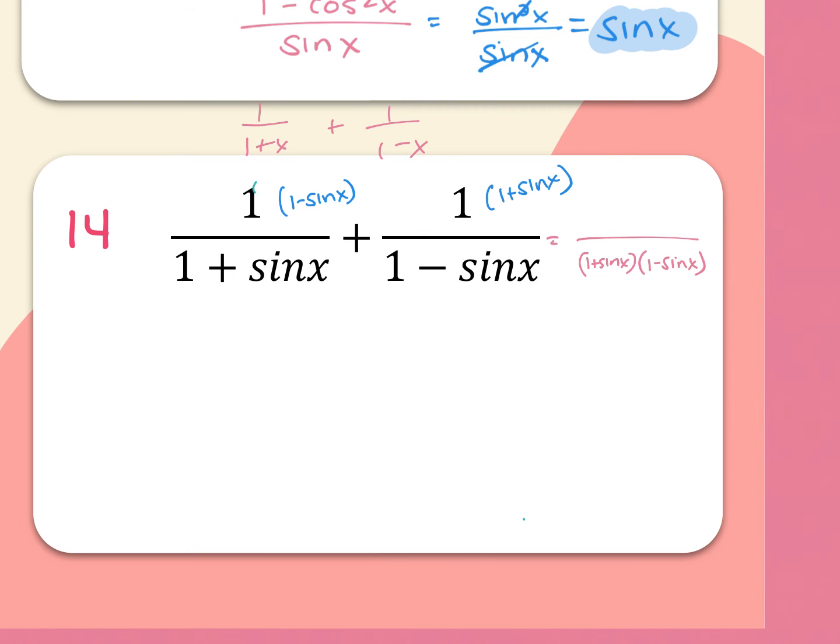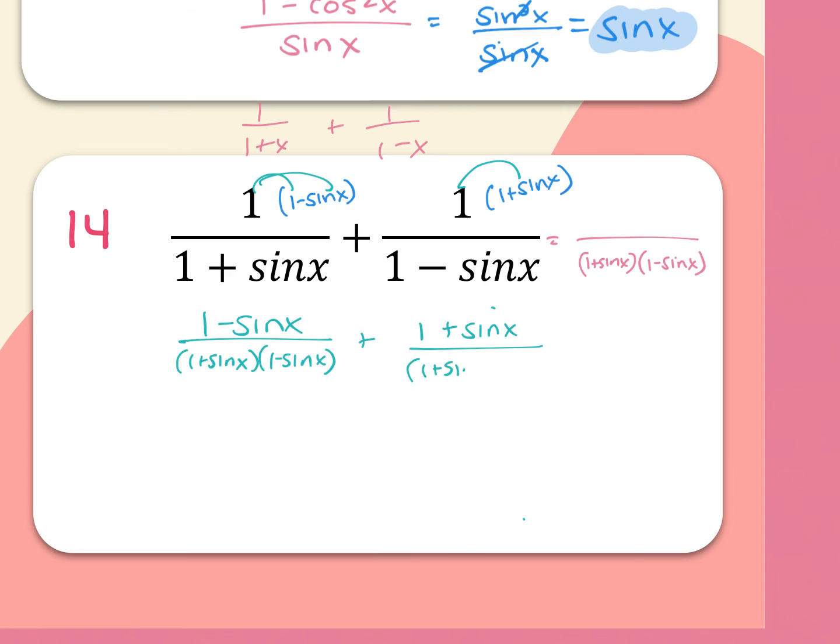So I'd get 1 times this, which is 1 minus sine of x, over 1 plus sine of x, 1 minus sine of x. You don't have to do this stuff. I'm just showing you the process. Plus 1 times this, which would be 1 plus sine of x, over 1 plus sine of x times 1 minus sine of x.